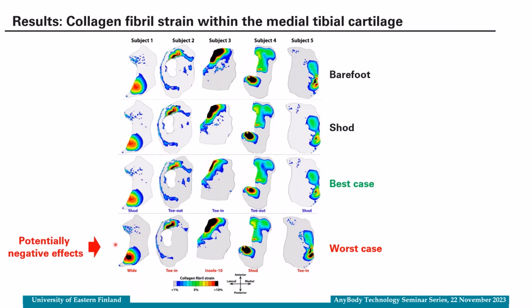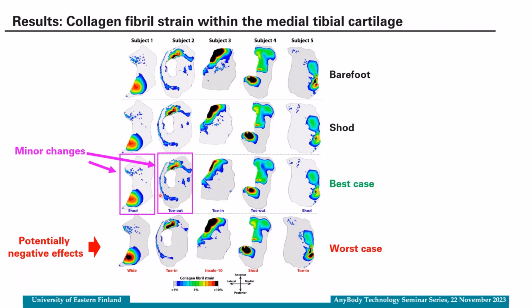So what we observed was that some of the gait modifications could significantly, or let's say considerably, increase the amount of tissue mechanics, which might indicate that gait modifications even have the potential to negatively affect the health of the tissue, or in this case cartilage.